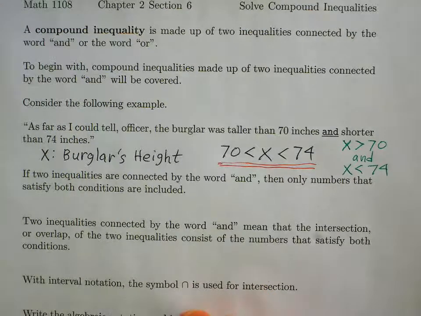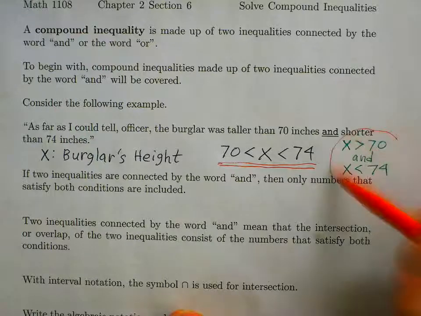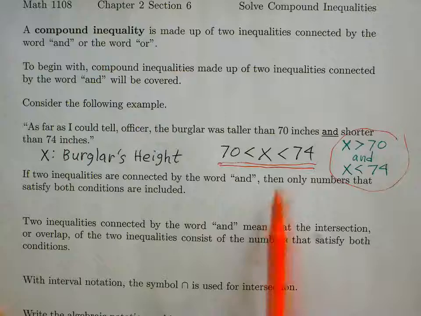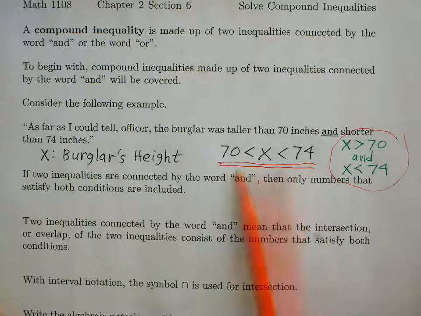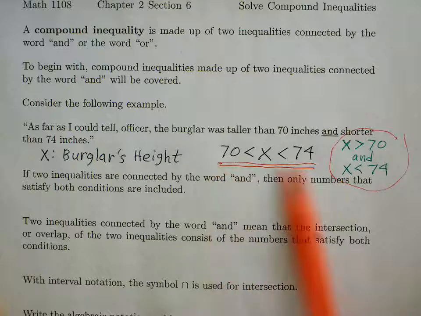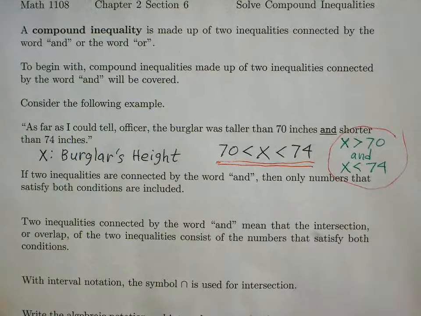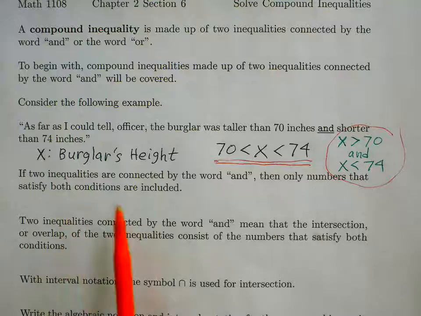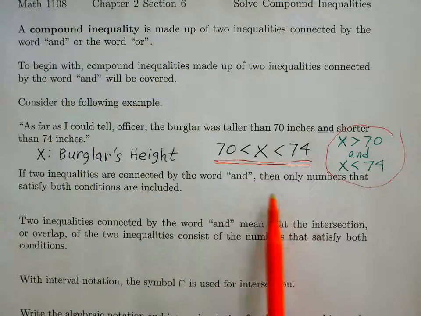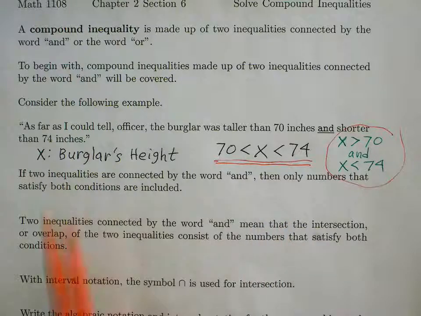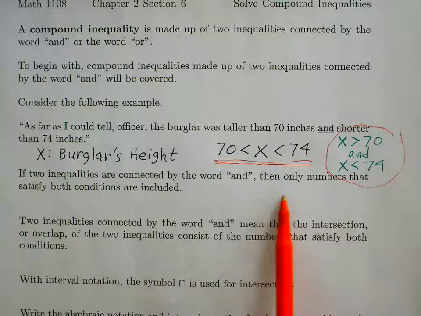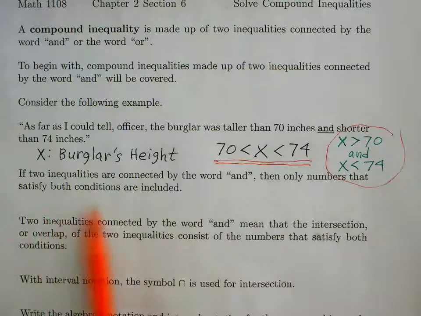Those two expressions are equivalent, but in algebra, this is the more compact and concise way to write that inequality: 70 is less than x, and at the same time, x is less than 74. If the two inequalities are connected by the word and, then only numbers that satisfy both conditions are solutions.